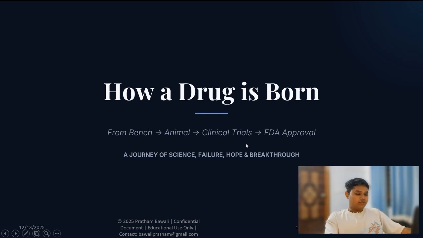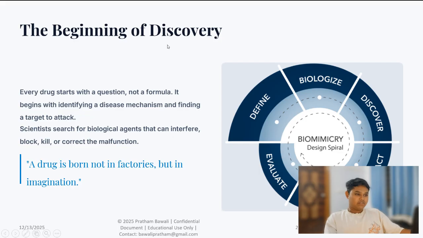In this session, the first thing we will learn is the beginning of the discovery. Discovery is the starting point from where the drug actually takes place. Every drug starts with a question, not from a formula, but from a question. It begins with identifying a disease mechanism and finding a target to attack.